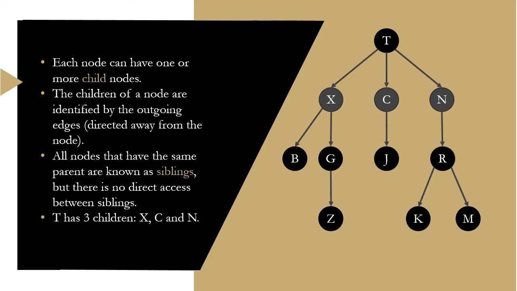T has three children, X, C, and N. But if you are at X, you cannot go to its sibling C directly. First, you will have to move to its parent, and from the parent, you can go to any other child.